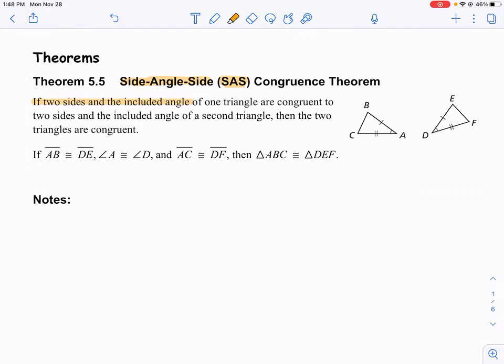So I can say side, angle, side. We have 2 sides and an angle in between. Let's draw a picture to help us.